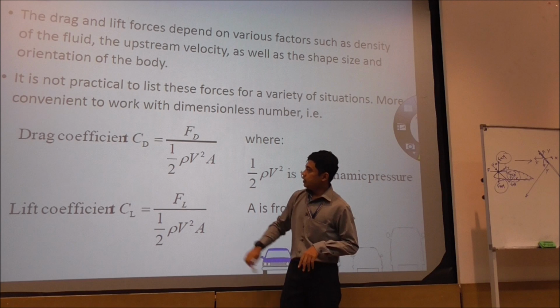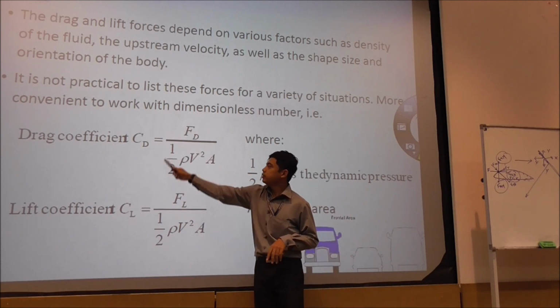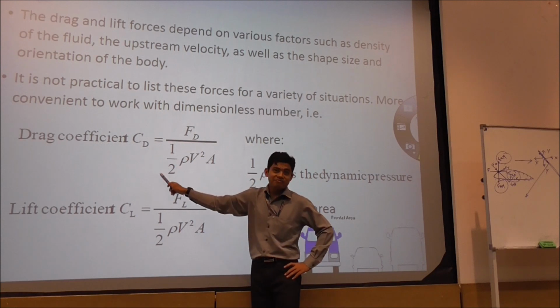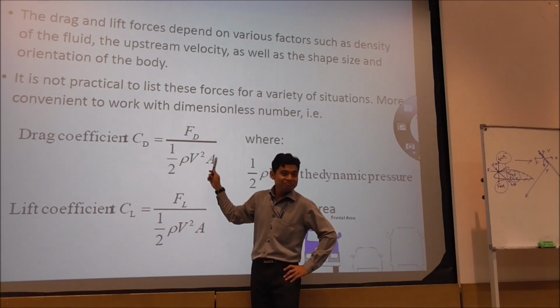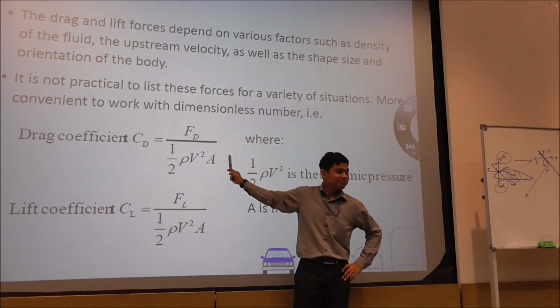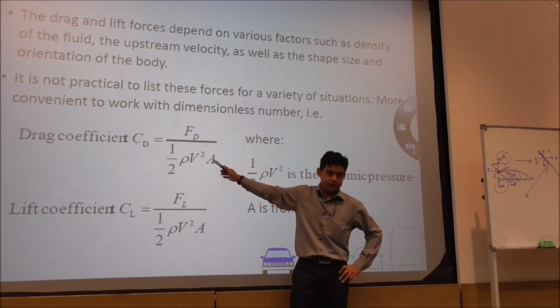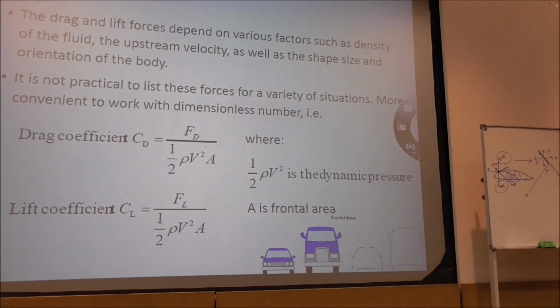How do you derive it? The CD is the drag force divided by, what is this? Dynamic pressure and area. Right? What area is this? This one is the frontal area. Okay, now I have to tell you the difference between those areas and the other area.